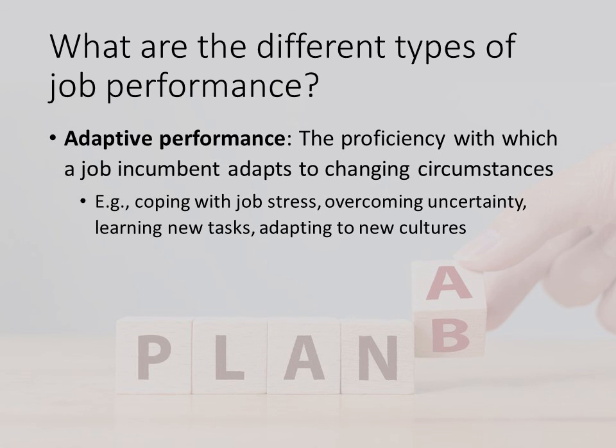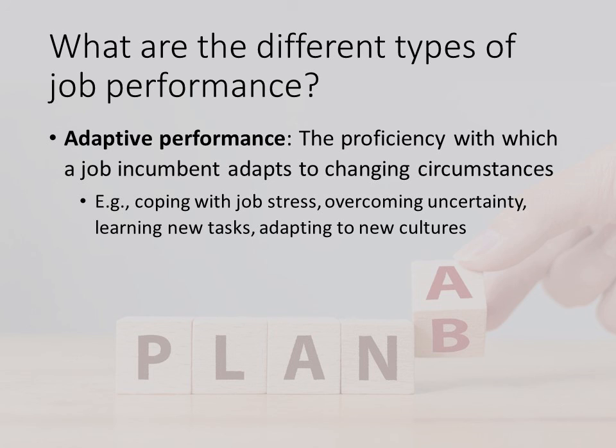One of the most recent developments in job performance is the concept of adaptive performance. If you think about all the types we've covered so far in this lecture, none of them capture adaptability, flexibility, the willingness to change, learn, and grow. Adaptive performance includes the behaviors that people use to adapt to the changing circumstances of their job.